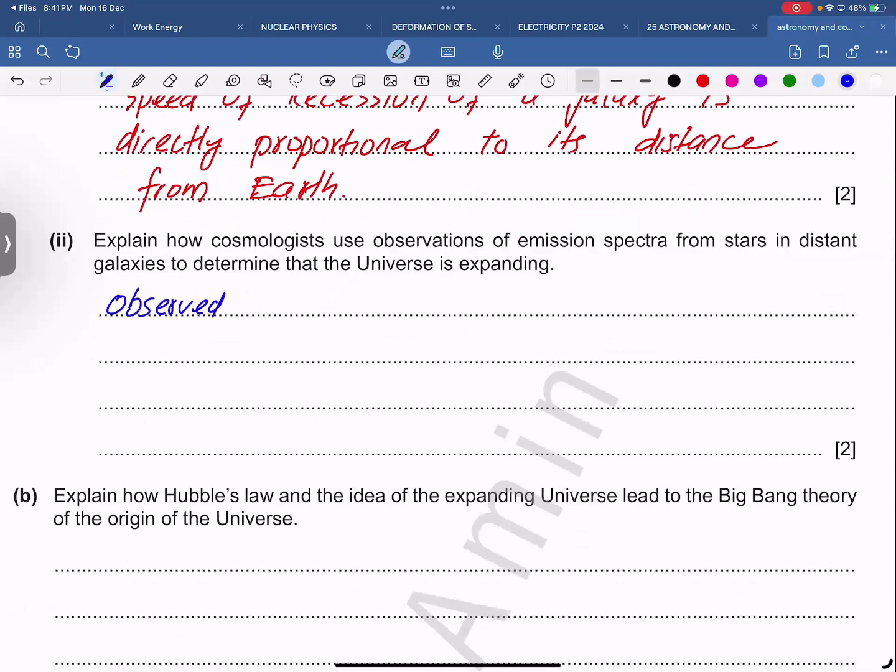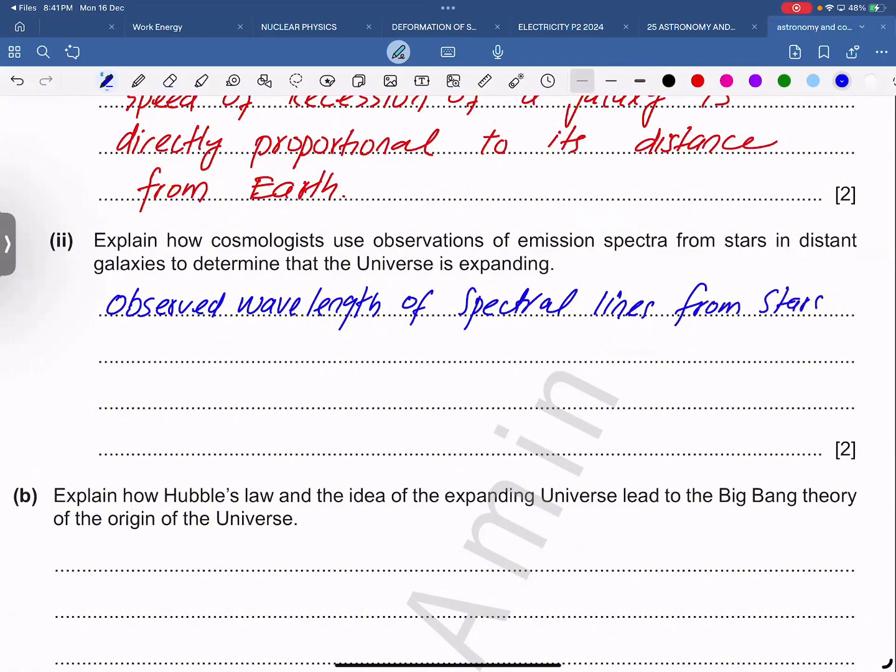Observed wavelength of spectral lines from stars in, I'm using the same words which are in the question actually, okay?